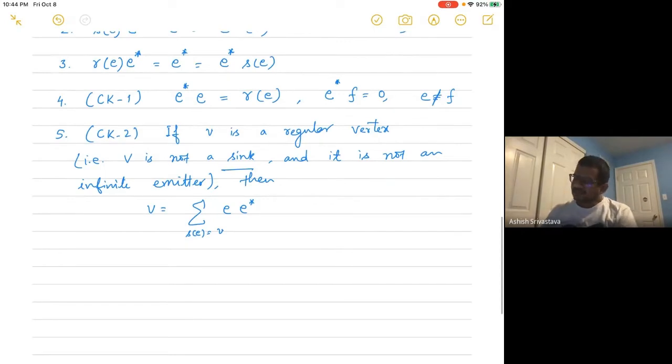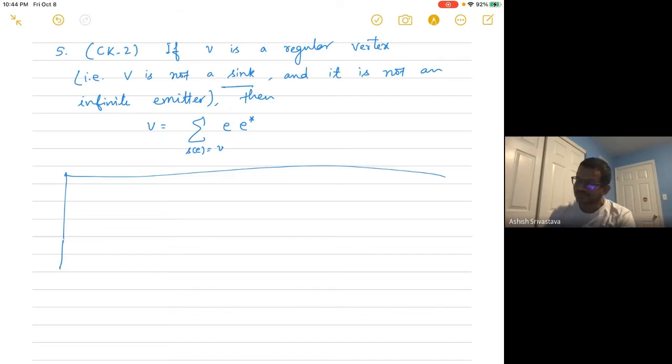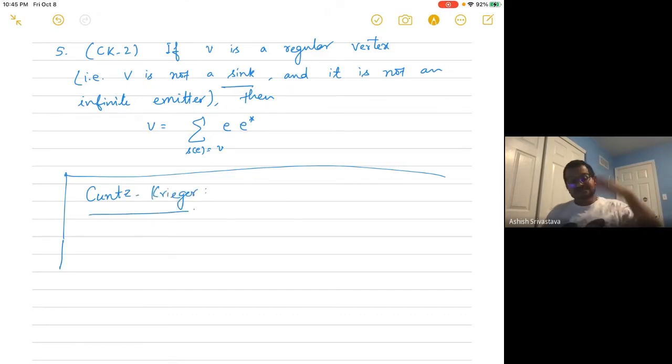Now, these CK conditions, CK is actually short for Cuntz-Krieger. So let me just take a small detour here and explain what the connection is with graph C star algebras. This comes from functional analysis. So these two conditions were introduced there.